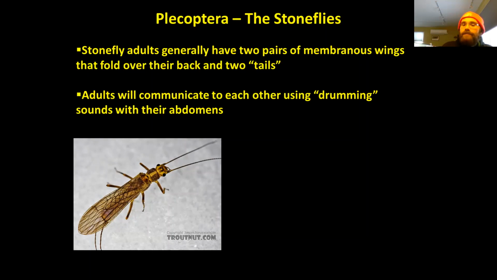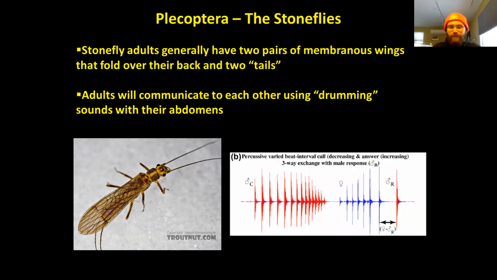Adults will communicate to each other using drumming sounds with their abdomens. So they'll go up to, say, a stick or a rock, and they will smack their abdomen on the rock, and they'll create different sounds. So what this looks like when it comes to actually seeing the sound frequency, here we have an example.